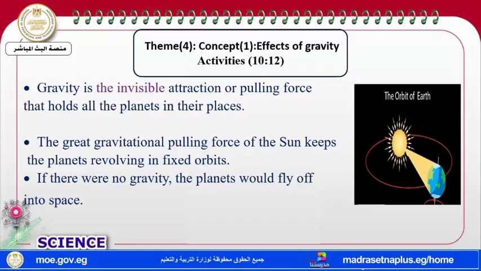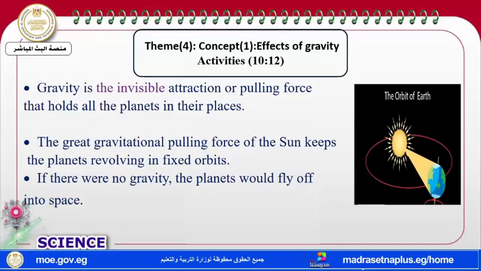So the great gravitational pulling force of the sun keeps the planets revolving in a fixed orbit. That's the reason why the planets move in a fixed orbit.